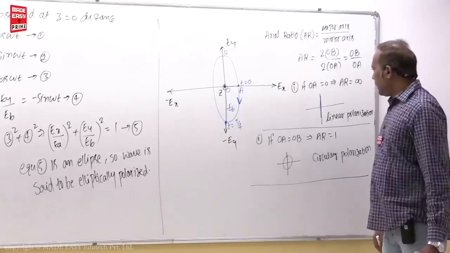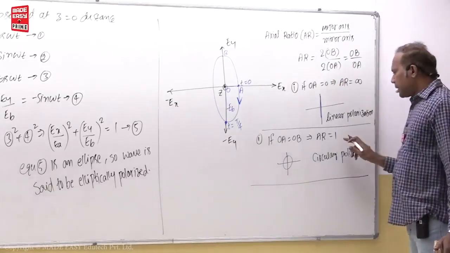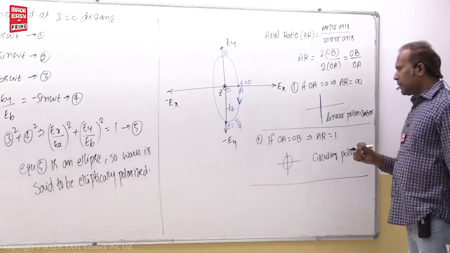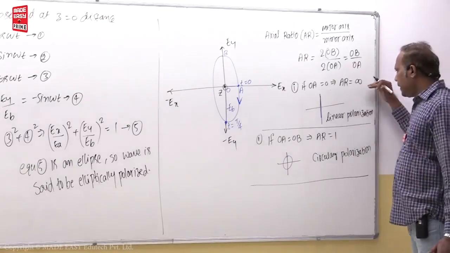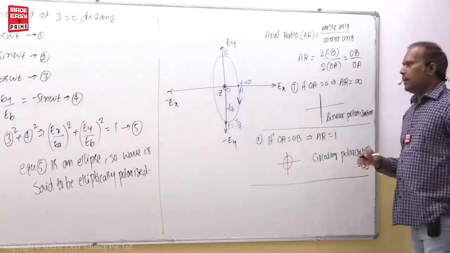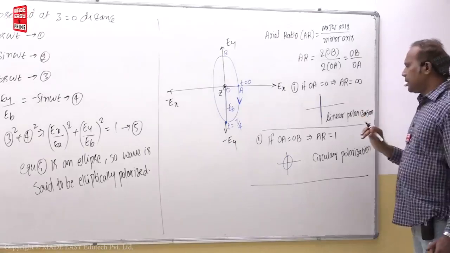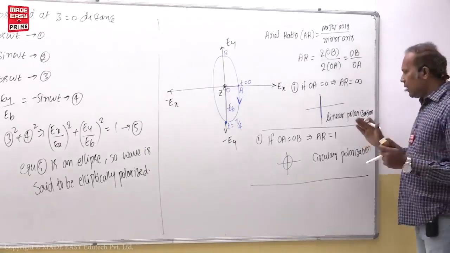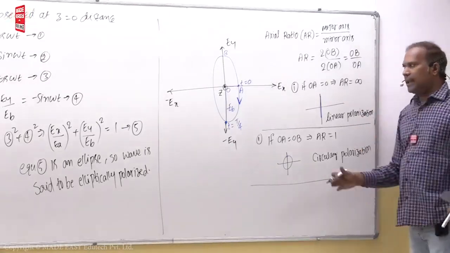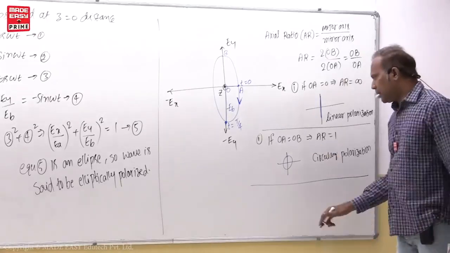Now, if axial ratio is exactly 1, that is circular polarization. If axial ratio is exactly infinity, that is actually linear polarization. If axial ratio is between 1 and infinity, then that is elliptical polarization.